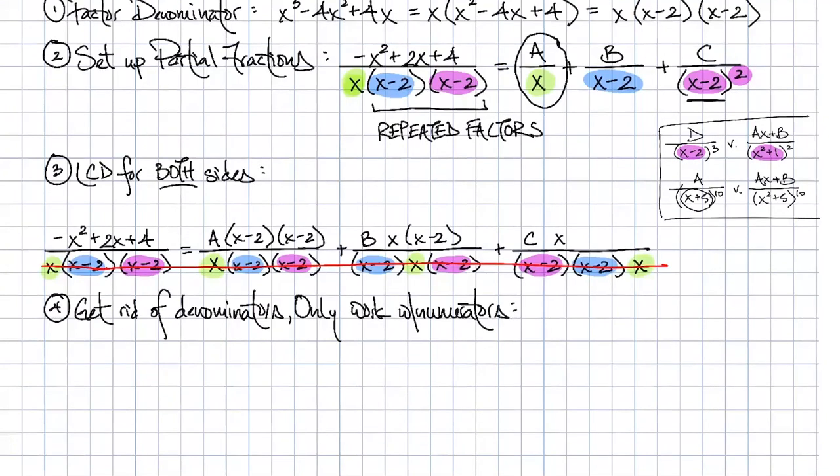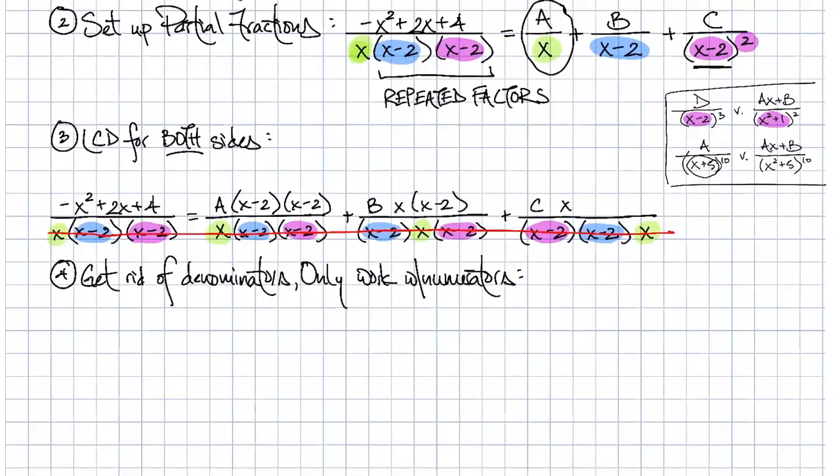It's a lot of writing, but I'm going to rewrite just the top line. So we get negative x squared plus 2x plus 4 equals A times x minus 2 times x minus 2 plus B times x minus 2 plus C.